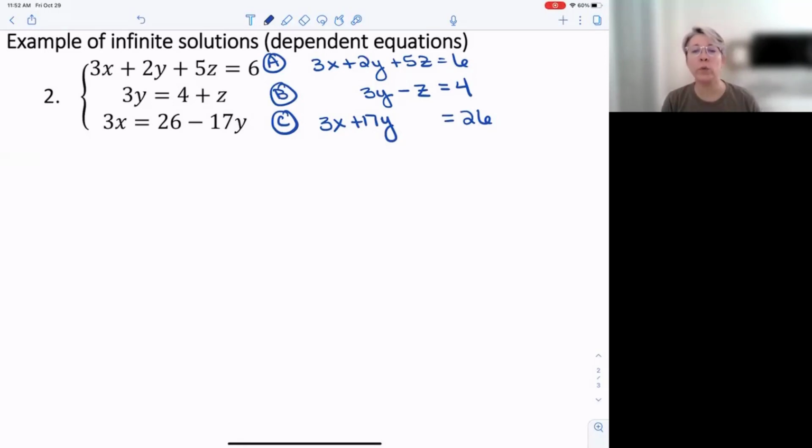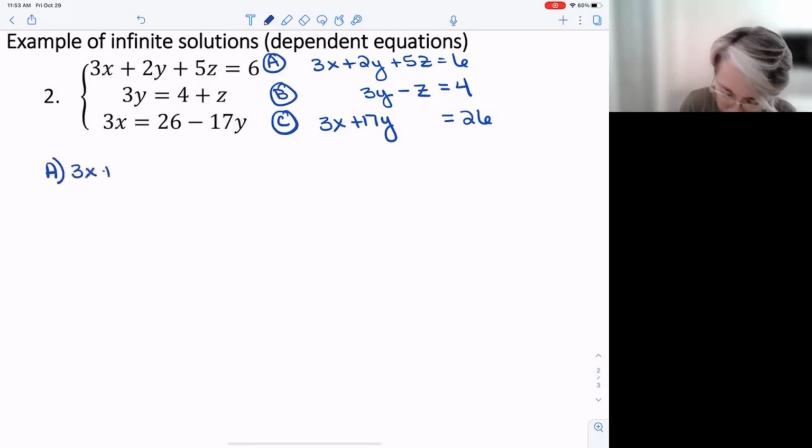So we still want to approach it the same way we would approach any other system. See if we can get it down to 2 equations, 2 unknowns. So we might choose, let's say, equations A and C, since our 3's are already alike. Equation A is, again, 3x plus 2y plus 5z equals 6.